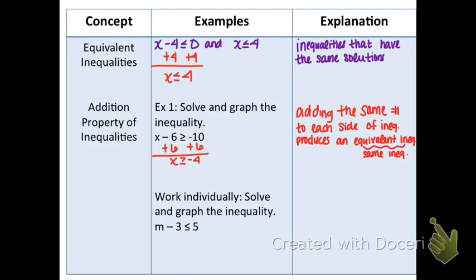And now it's really easy to see that I have equivalent inequalities. That inequality, x minus 4 is less than or equal to 0, is still an equivalent inequality to x is less than or equal to 4. All I did was add 4 to both sides, which is a perfectly legal thing to do in math.